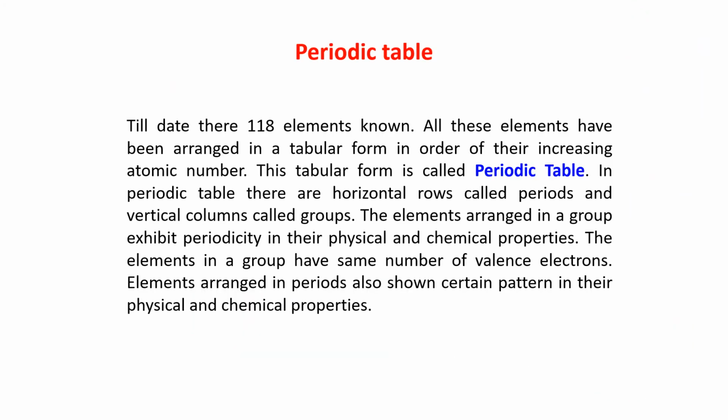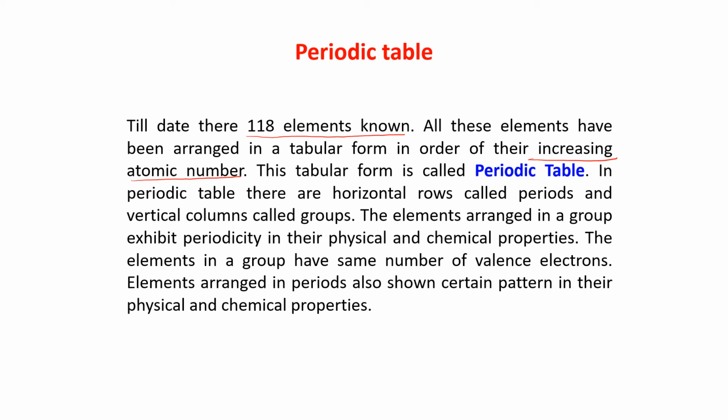Now next is coming periodic table. What is periodic table? It's a totally new term for you. Now till date there are 118 elements known. All these elements have been arranged in a tabular form in order of their increasing atomic number.